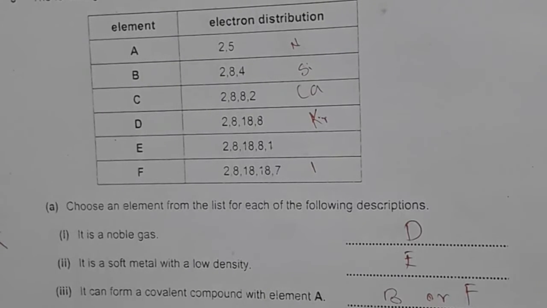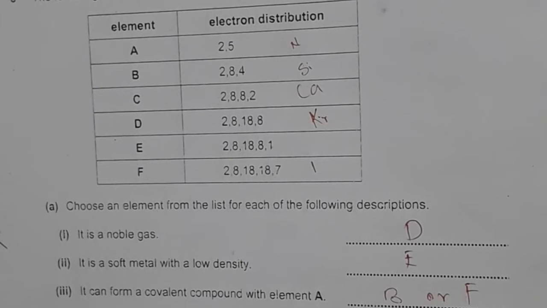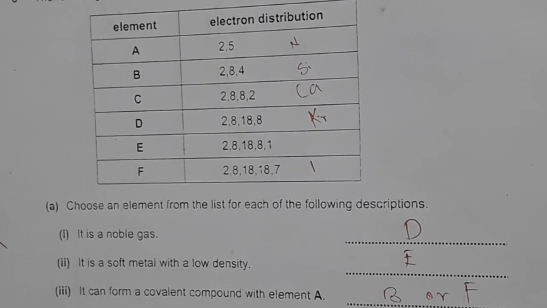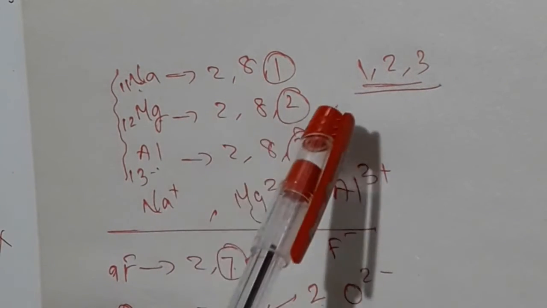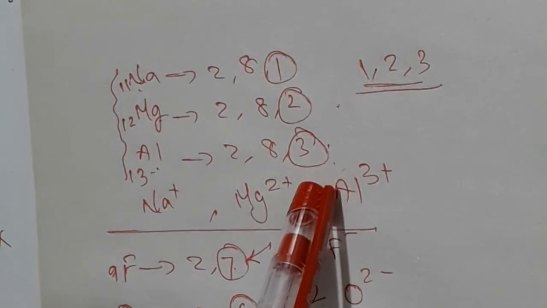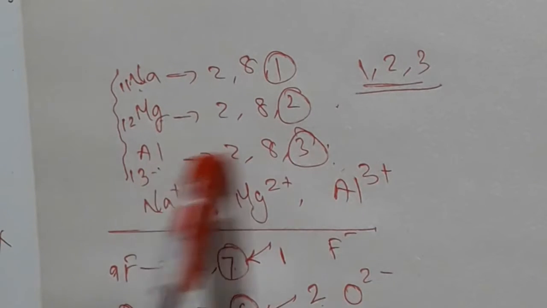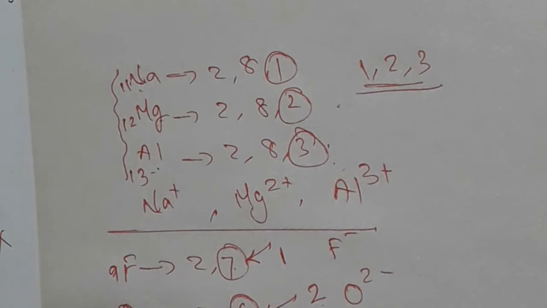Elements that make covalent bonds are non-metals. You can understand which elements are non-metals and which are metals this way. I told you before, elements with outer shell 1, 2, 3 are metals, like sodium, magnesium, aluminum.